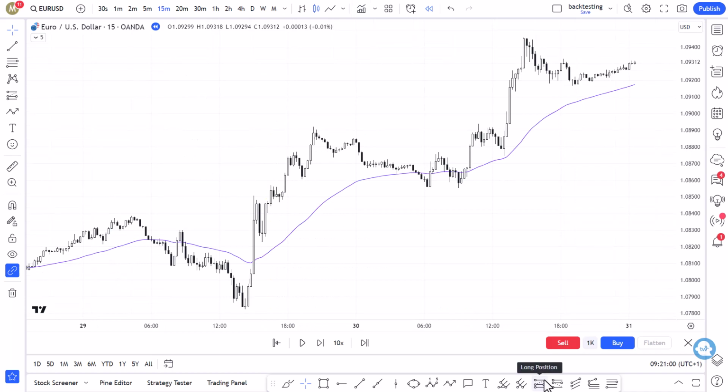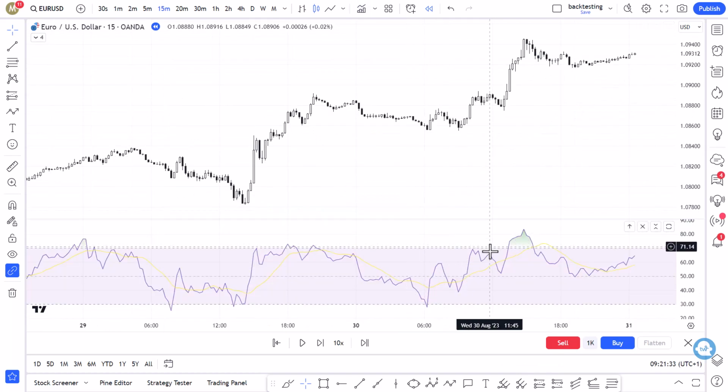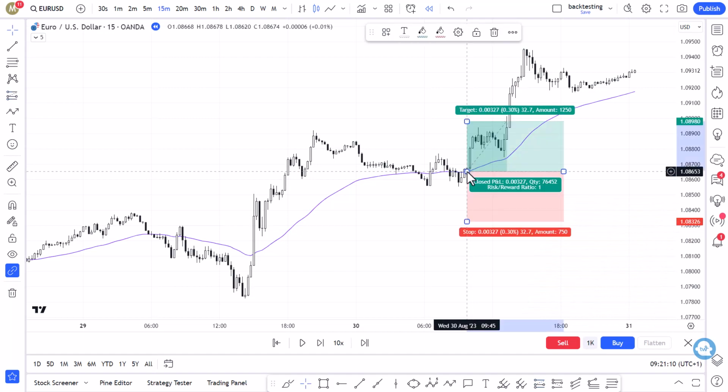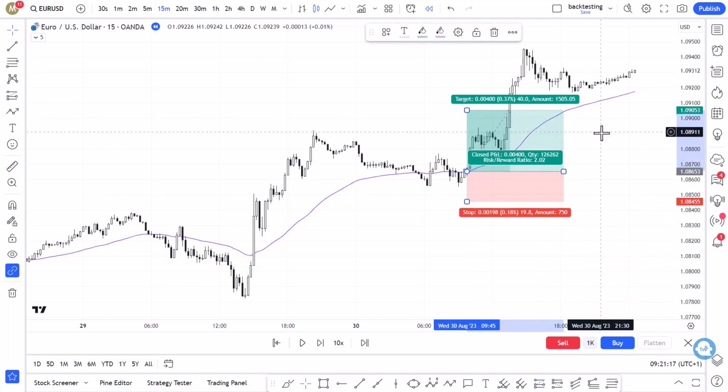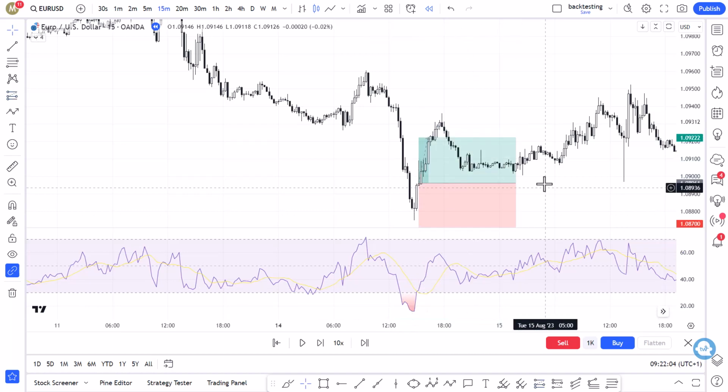There are types of indicators called oscillators, such as the RSI, the relative strength index, and also the MACD. Indicators can basically be utilized to give you additional insights. They can help you to determine trends, to analyze momentum, to highlight potential reversal points, and also potential entry and exit points.